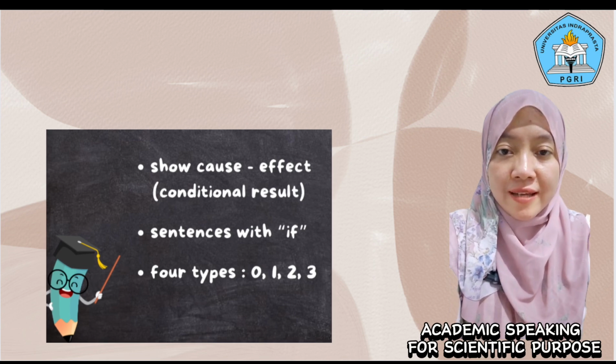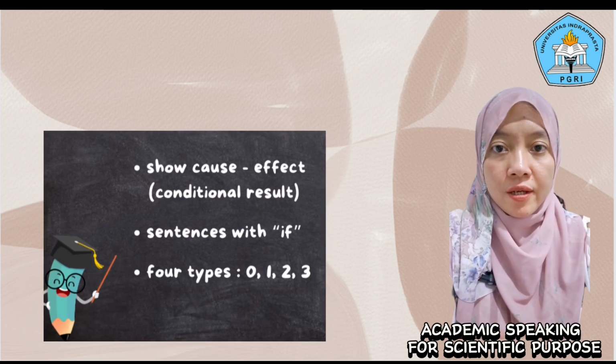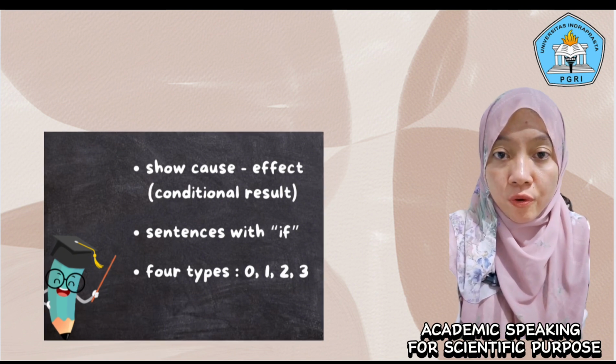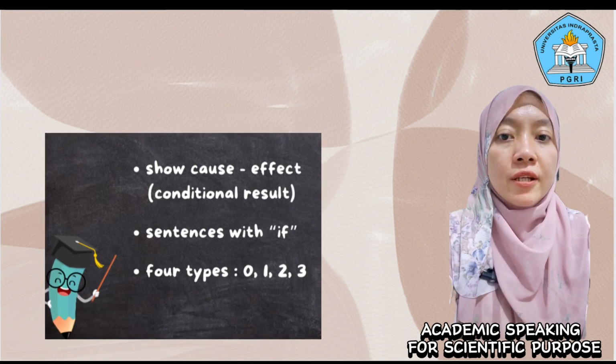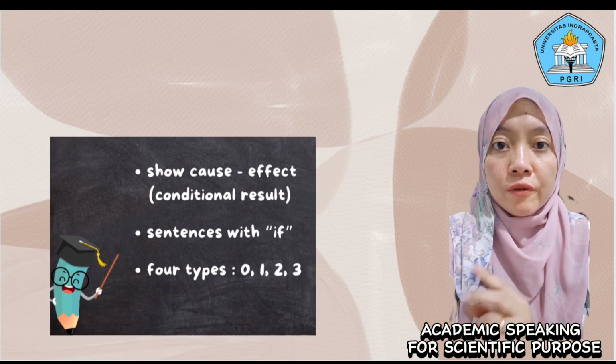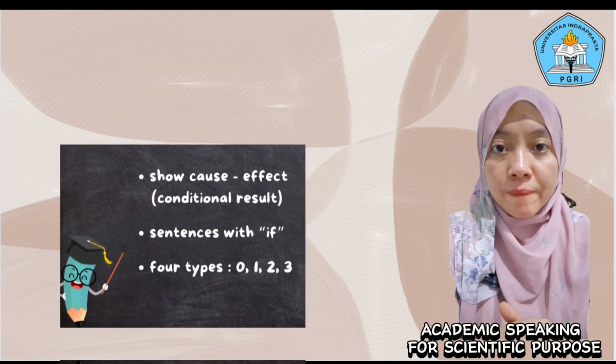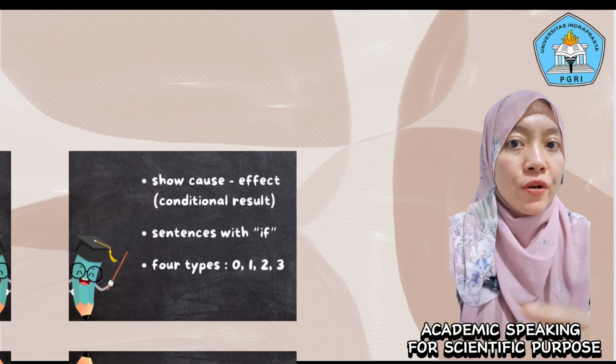A conditional sentence talks about a situation and its result. It usually starts with the word if. English has four types of conditionals: zero, first, second, and third, each with a different function. Now, are you ready to explore them?